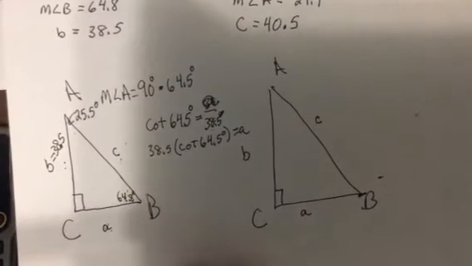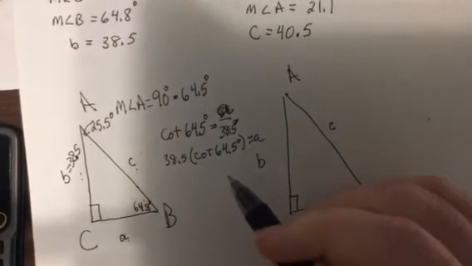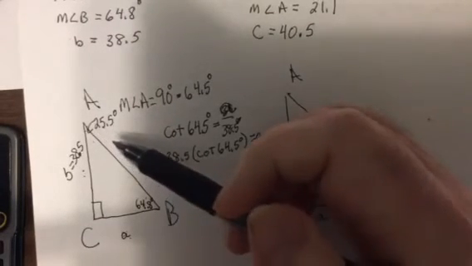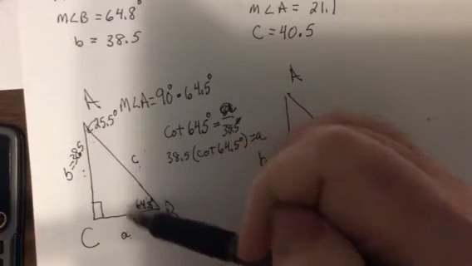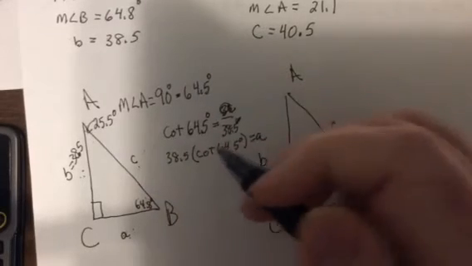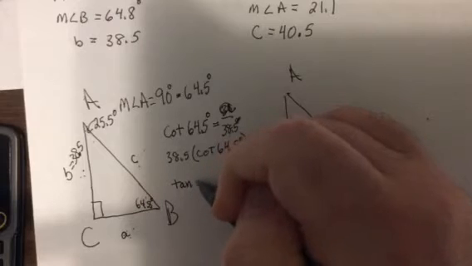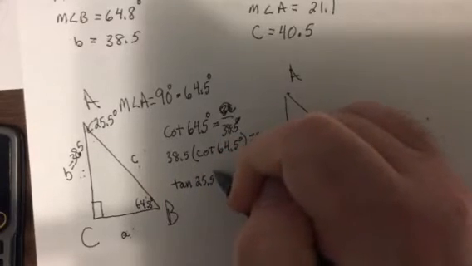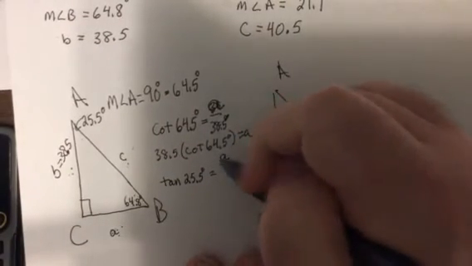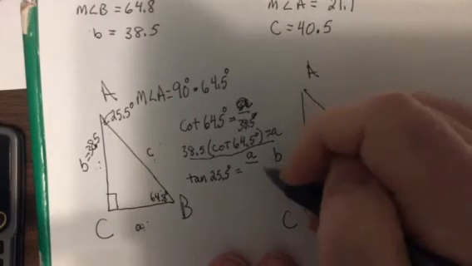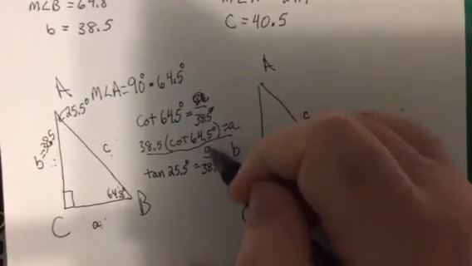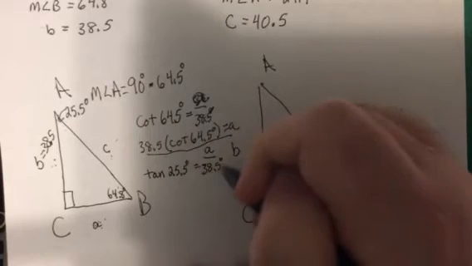So on your iPad, you would do that. Now, I have the cheapy calculator, so I want to set it up in terms of sine, cosine, or tangent. So I'm going to do opposite over adjacent from this one, because I know this angle too. So that would be tangent of 25.5 equals the opposite side, which is A, over 38.5. Then to solve for A, I'm going to cross multiply: 38.5 times the tangent of 25.5. I always put a degree there.